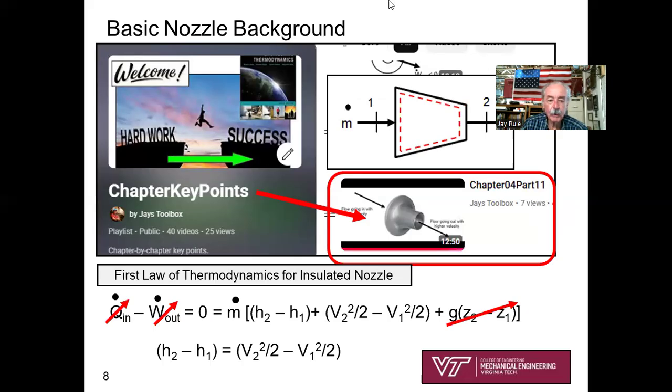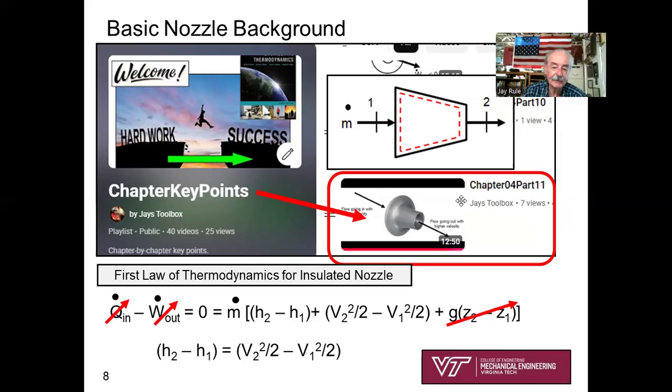Let's say you want a little more background on nozzles. I hope you remember that I created a video back in chapter 4 on how to make first law of thermodynamics calculations, open system, steady state, steady flow, for a nozzle.